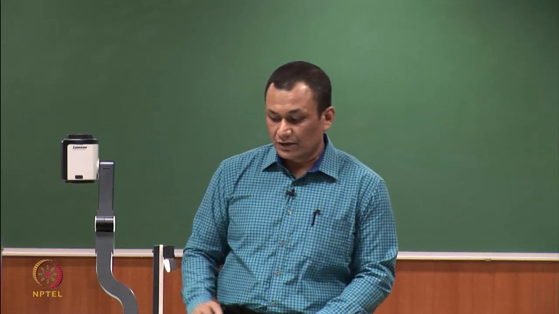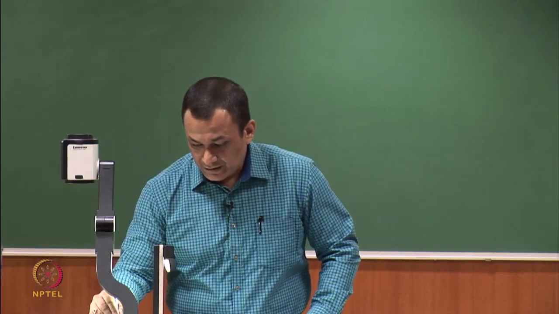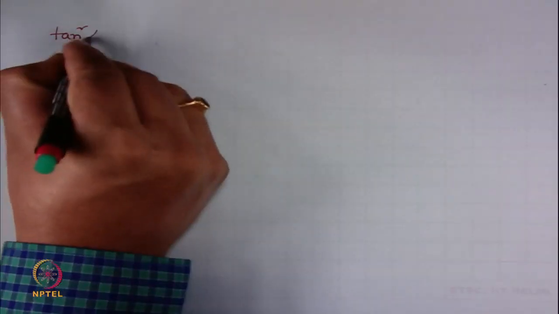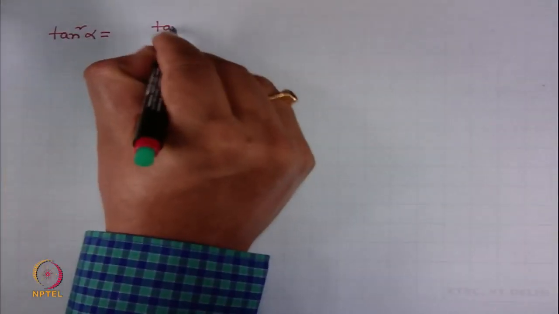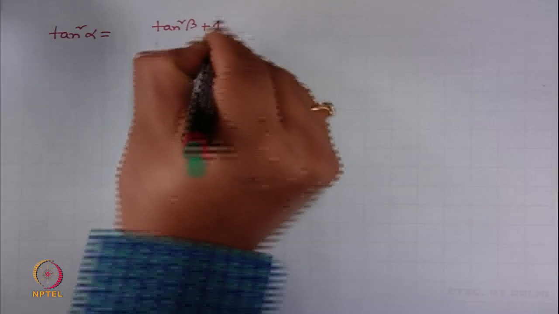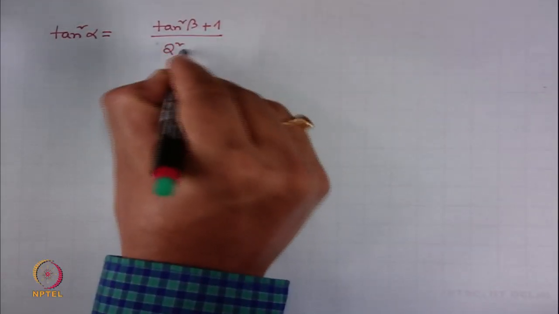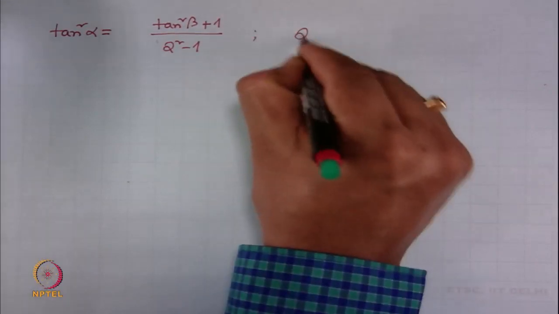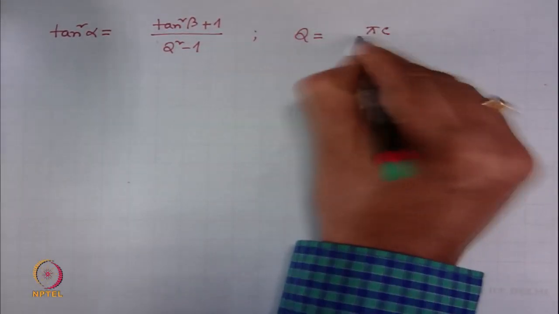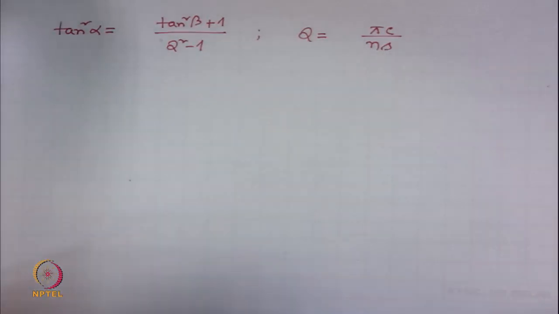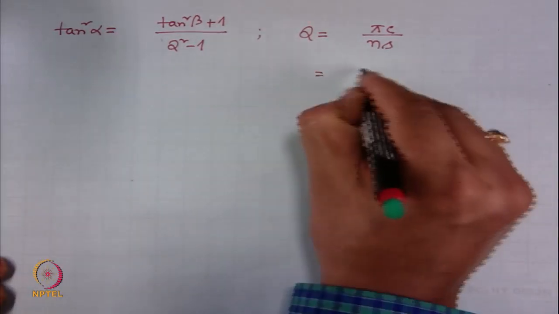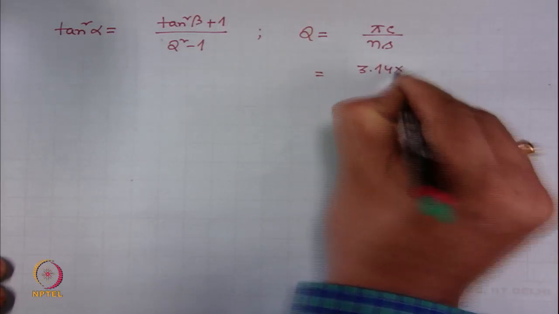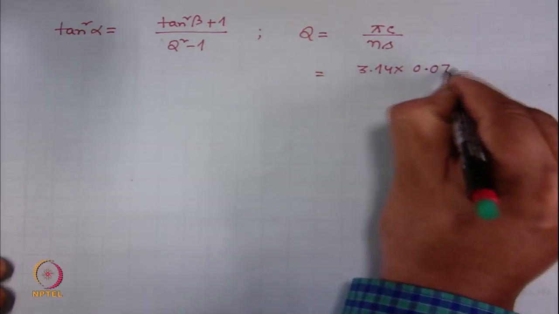We now have to find out the fundamental equation of equidistant migration. As we know, the fundamental equation is tan alpha equal to root over tan square beta plus 1 into root over q square minus 1, where q is pi times c by n into s. The value of c we obtained as 0.0778.